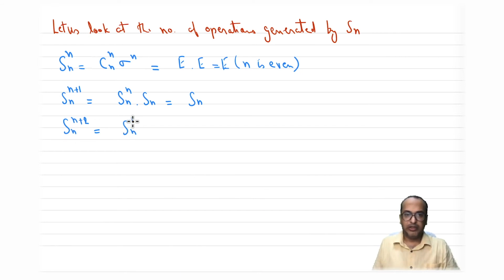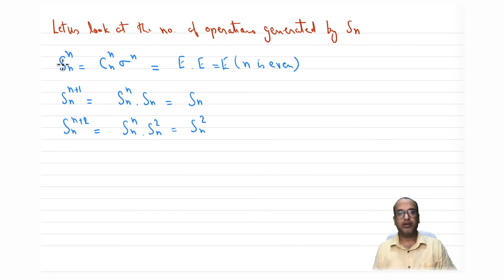This can be written as Sn Sn^2. So now there is a trend, right? If you increase this power one by one, you get the same operations back. So after Sn to the power n, it starts to repeat, which means it does not generate more than n operations.